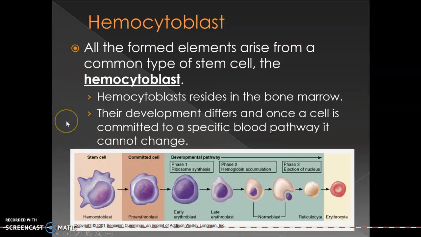So this system is really cool because it has a starting point of these cells called hemocytoblasts, and these hemocytoblasts are basically stem cells. And I know you guys have all heard of stem cells.